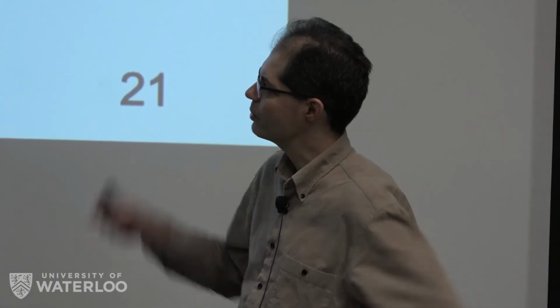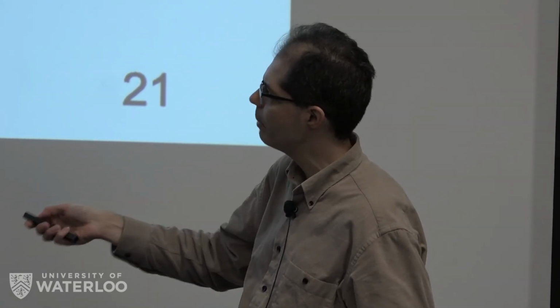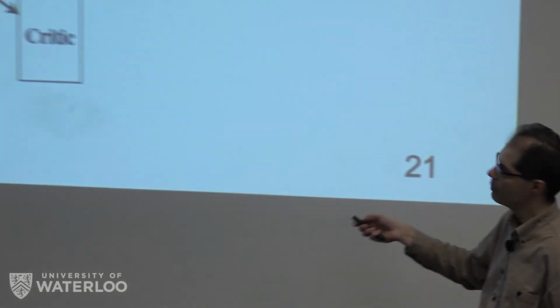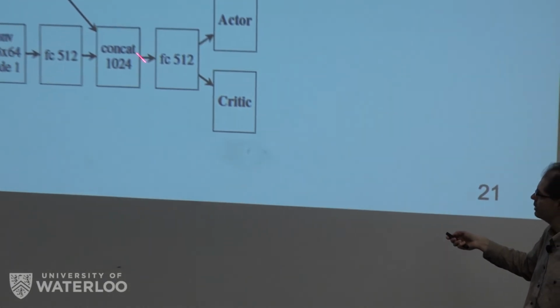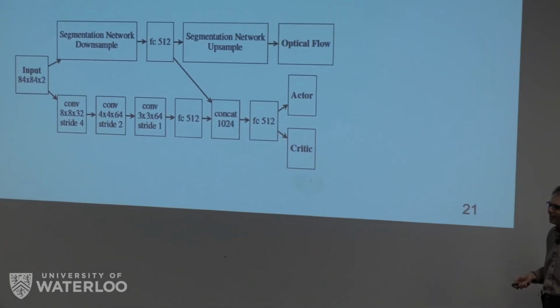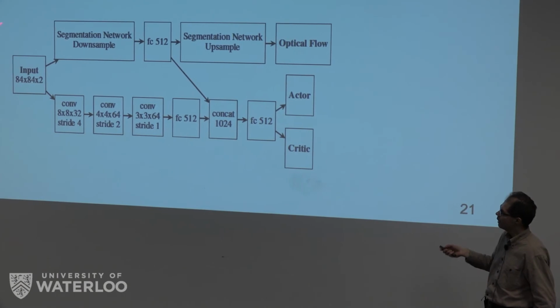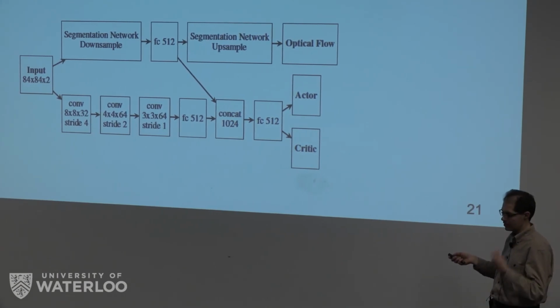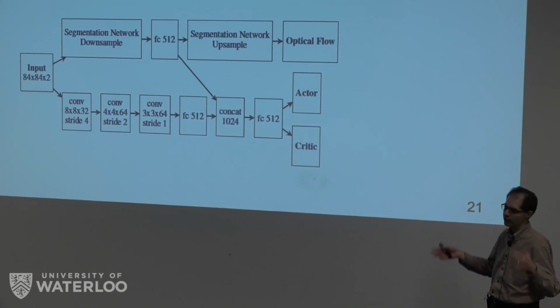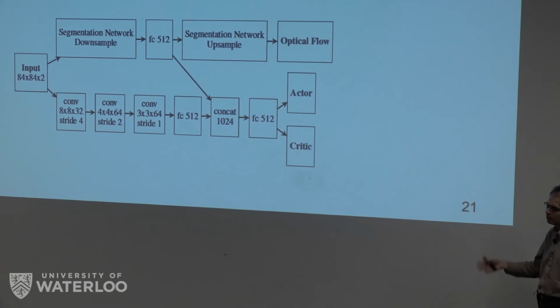Yes, very good point. So the question is, why do we need the bottom part? Because my whole talk was about coming up with object mask and so on. We're feeding this in, so really we should not need the bottom part. The answer is that here, the top part is recognizing objects that are moving. And in some games, there will be other information of objects that are not moving or other things that are going to be important.